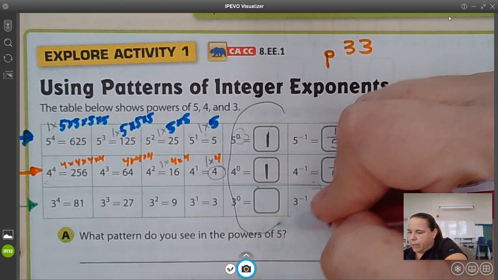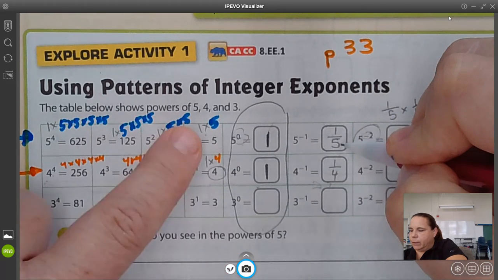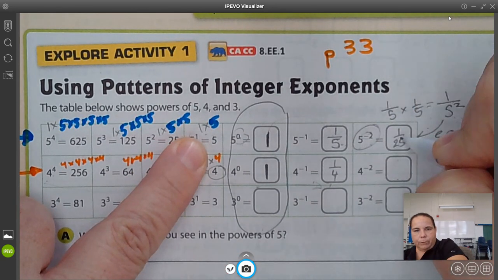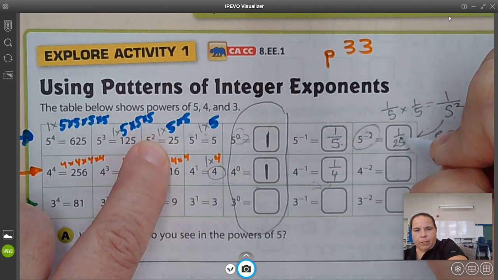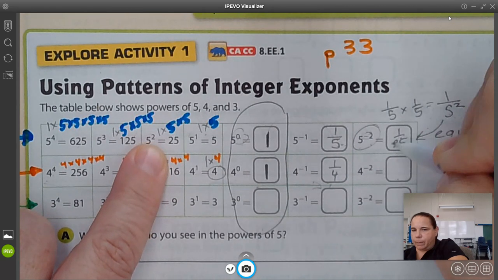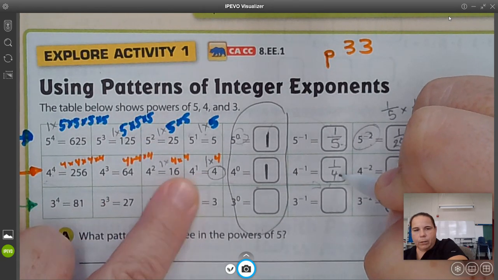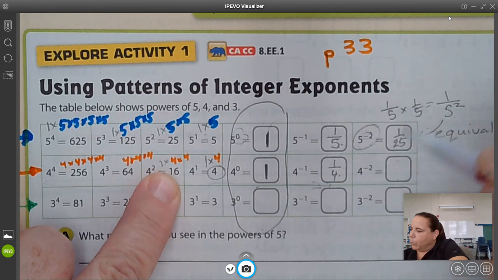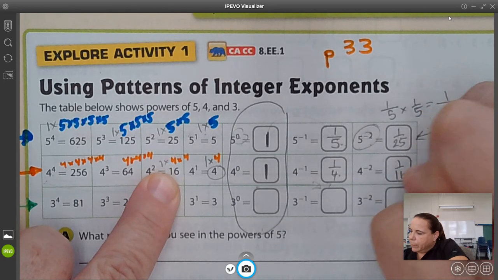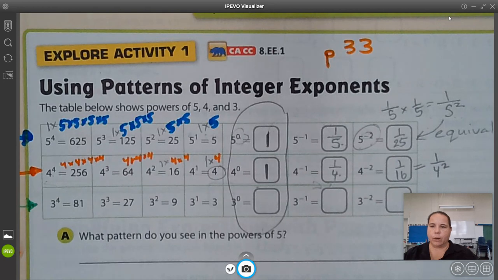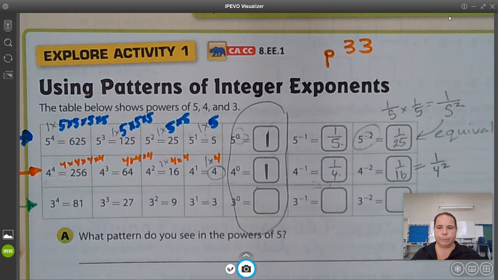This is kind of like your center area. So on this side, it's 1/5, this is 5, this side's 1/25, this side's 25. So you can also see this is a pattern: 1/4, 4, 16, 1/16. And we could have also written that as 1/4 squared, because those two things are equivalent.